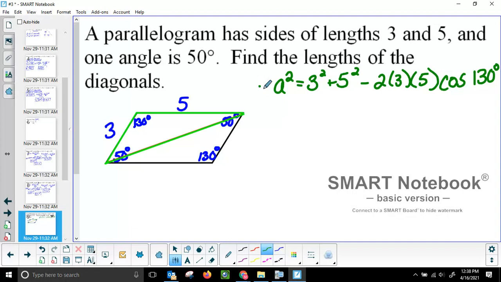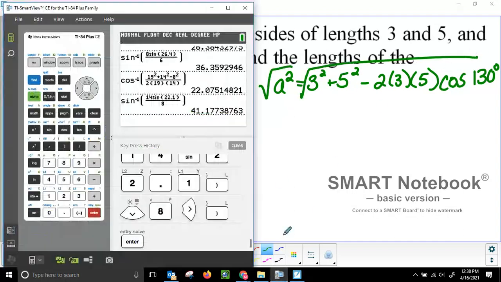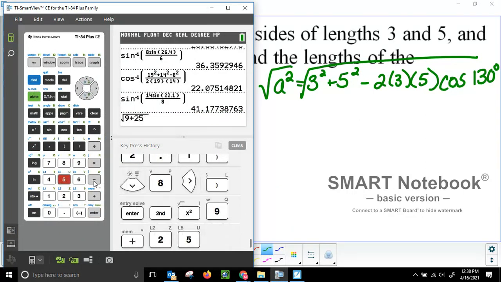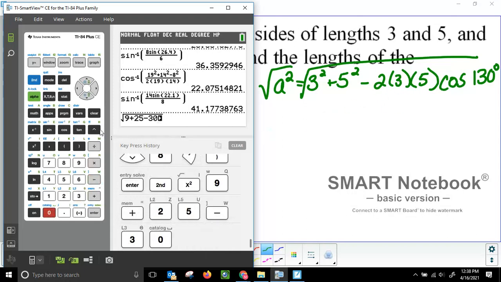Of course we can simply take the square root of both sides. We can plug this into our handy-dandy calculator. So 3 squared is 9, plus 25, minus 15, that's 30, times the cosine of 130.